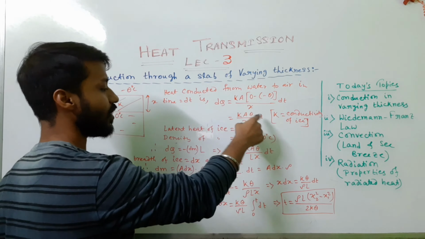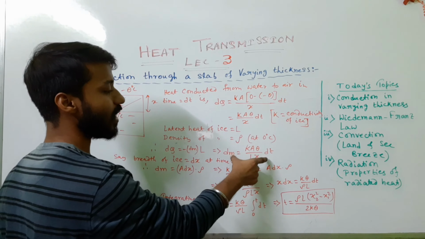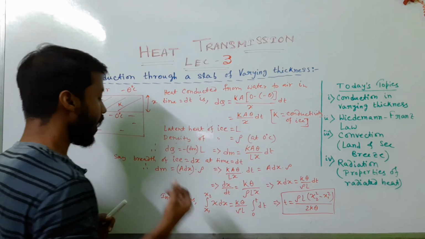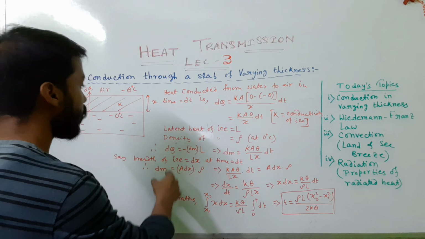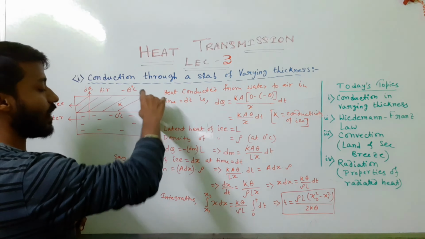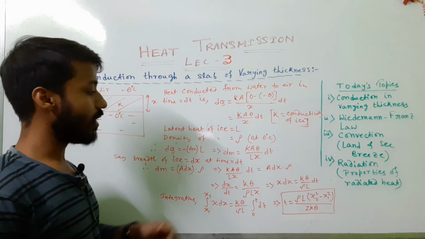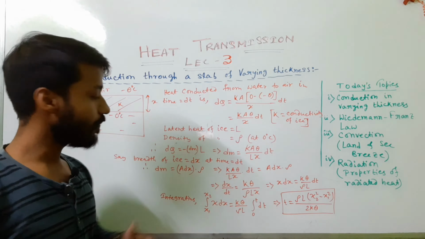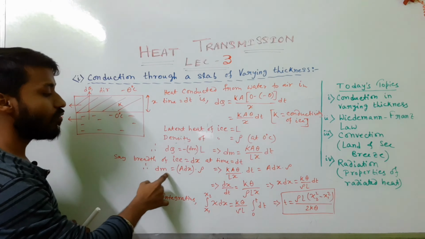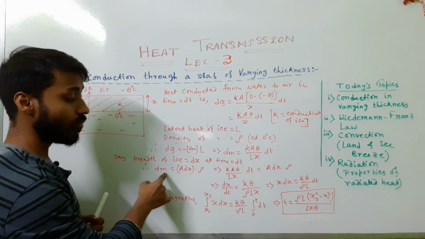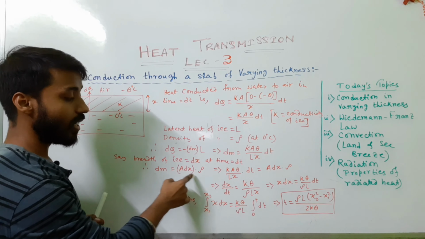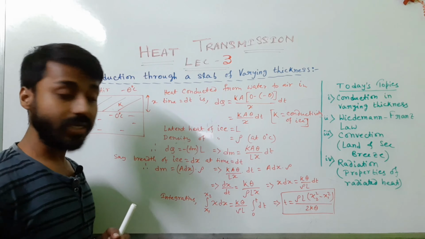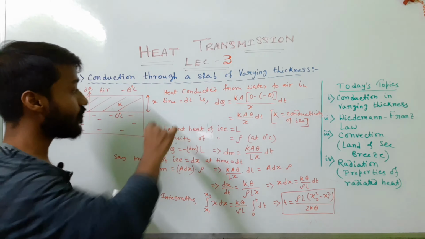Put the value of dq, this one, and we will have the dm like this. Okay. Now let us consider the elementary width of this ice be dx and time is dt. So dm, mass, equals volume into density. Here A is the cross sectional area and dx is the width of the ice.